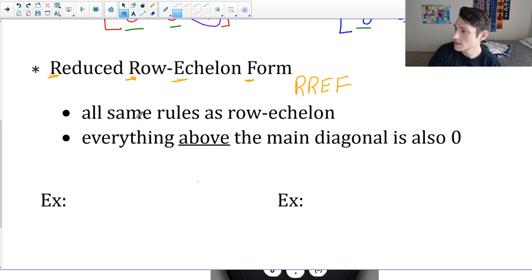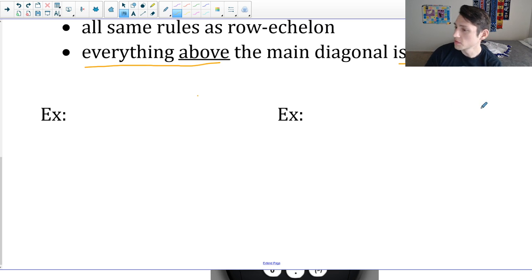So first off, that's the same rules as above, right? Where main diagonal is 1, everything below the main diagonal is 0. But now the difference is everything above the main diagonal is also 0. Okay, so if you remember what our answers looked like when we would solve those systems of equations, we would end up with a matrix that looks like this.